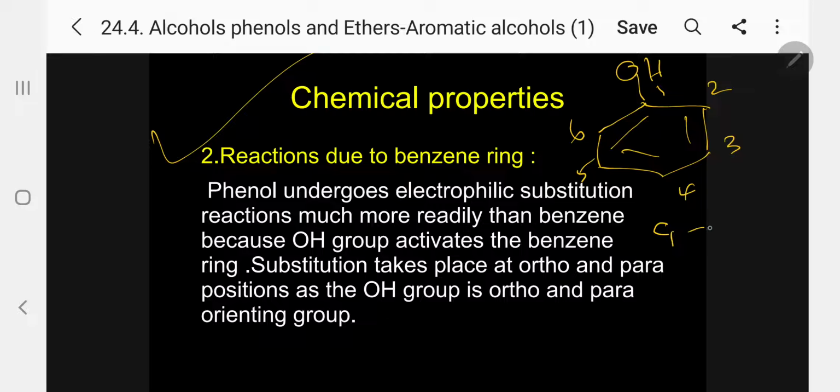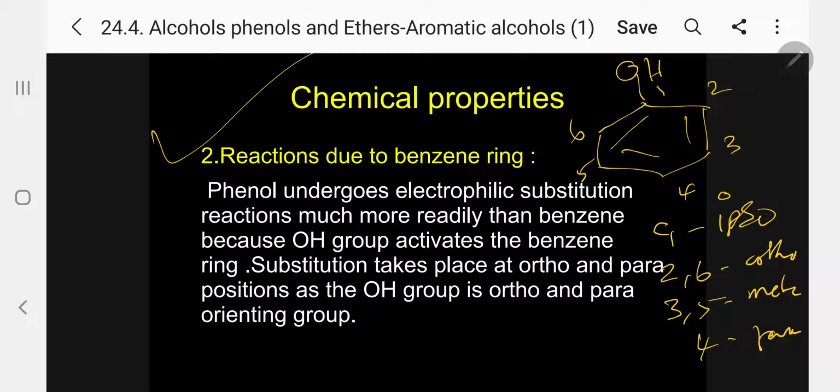Carbon 1, I will call it the ipso carbon. Carbons 2 and 6 are ortho, 3 and 5 are meta, and 4 is para. Kindly follow. With respect to the OH group, the carbon where OH is attached is the ipso carbon, whereas 2 and 6 are ortho, 3 and 5 meta, 4 para.